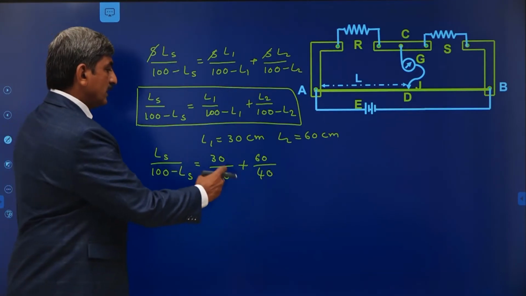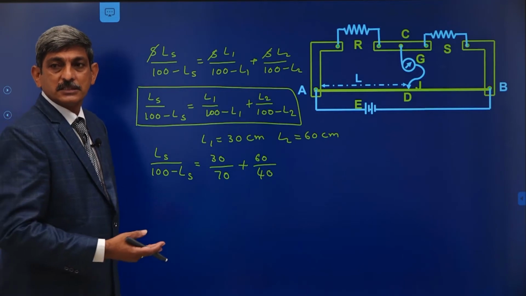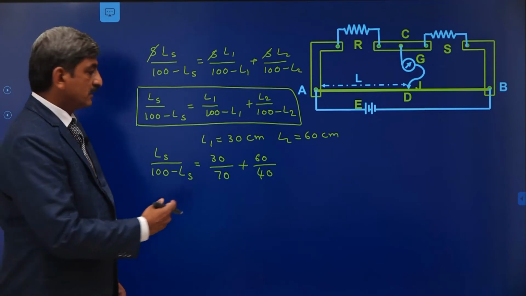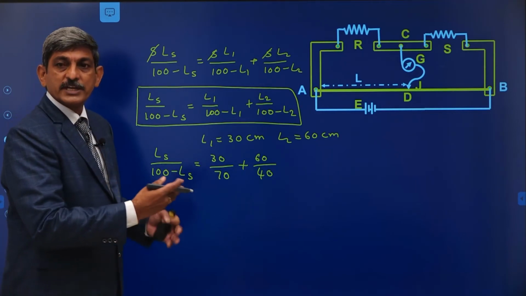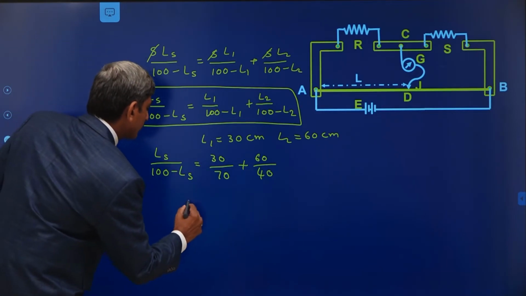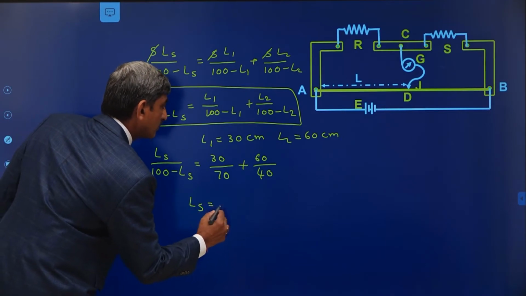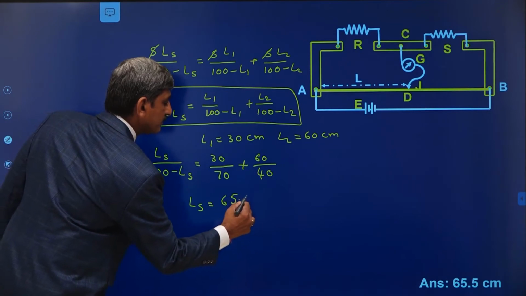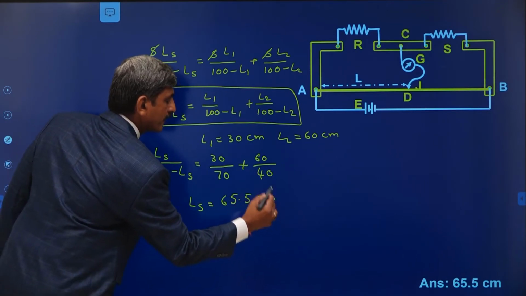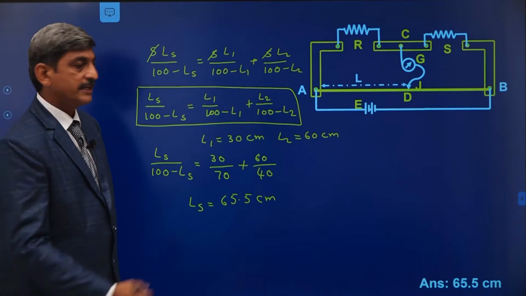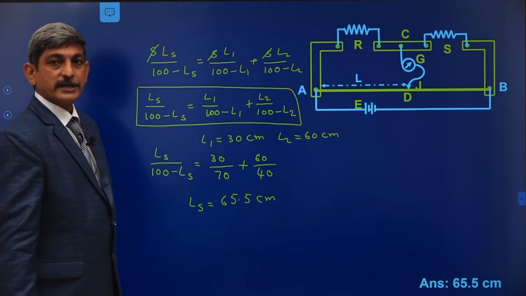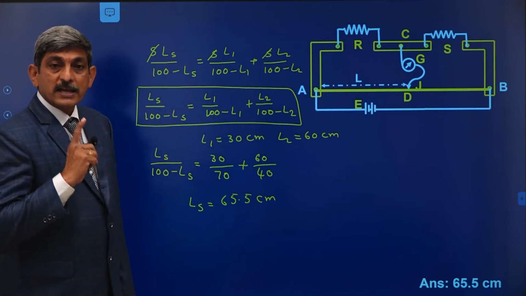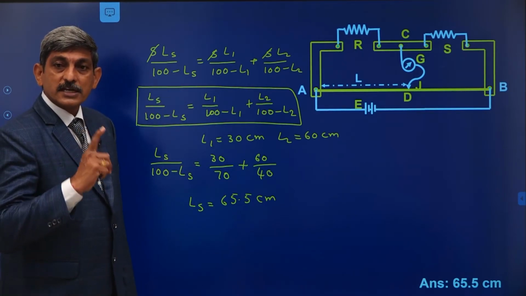Now, let us make the mathematical calculations to find the unknown value of LS. After rearranging the terms and making the mathematical simplification, we have LS is equal to 65.5 centimeters. Right?